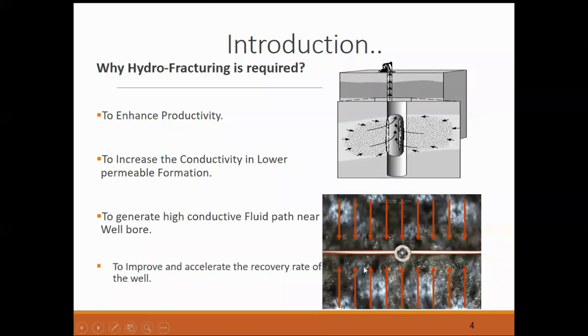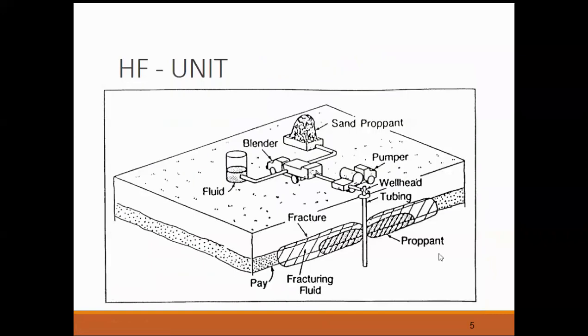If a reservoir is fractured and these fracture wings are created, and this black portion is the formation or matrix itself, the hydrocarbons will travel to this fracture, and from there they can easily traverse to the wellbore from where you can lift them. So this is like a highly permeable channel you have created through the hydraulic fracturing operation.